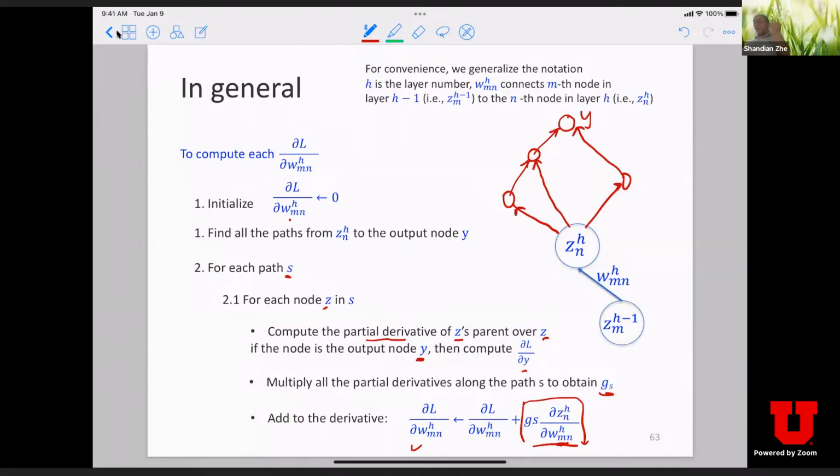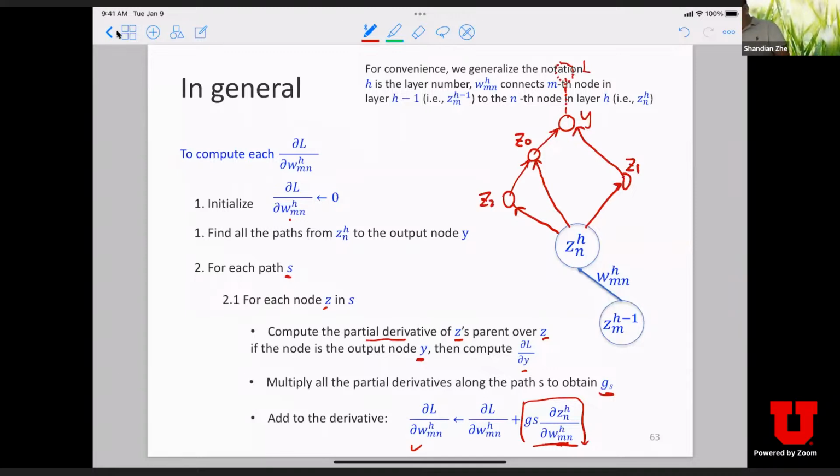Here I'll just randomly represent those nodes, so let me denote them by Z0, Z1, and Z2. Suppose this is our neural network. We know that the output neuron will be fed into the loss function, so we get loss function value L.